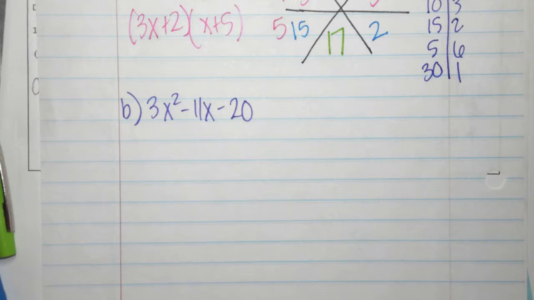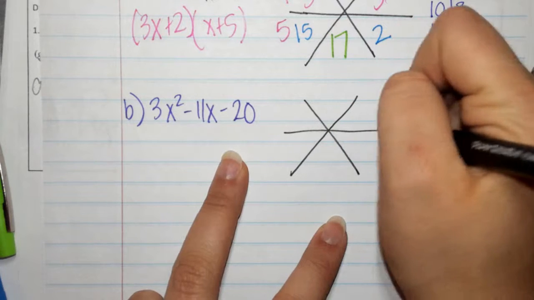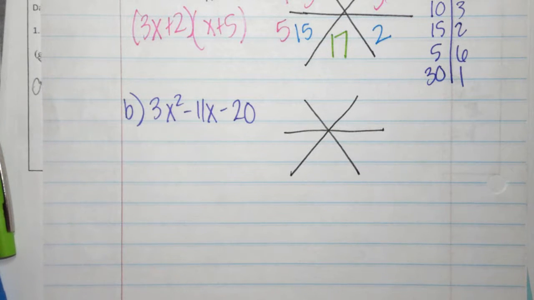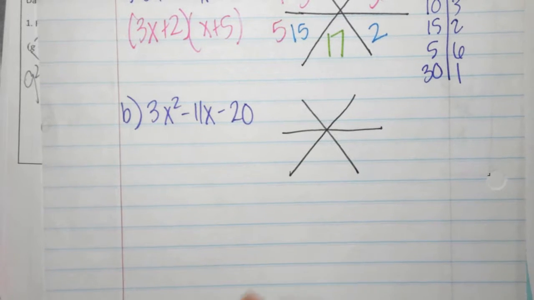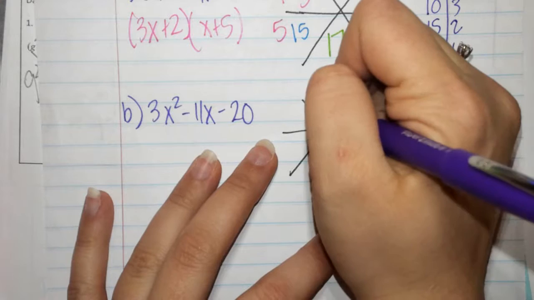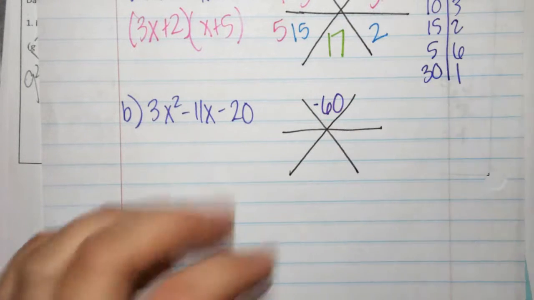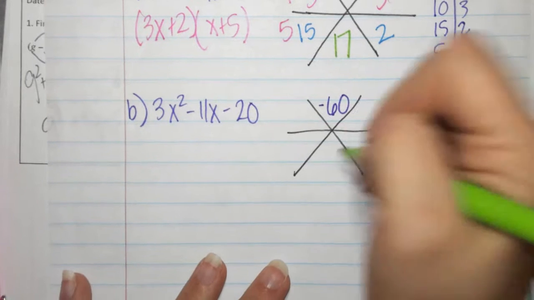The star method. Everybody draw your star. Okay. Now, what do we do first? And what's 3 times negative 20? Negative 60. Look at us go. What goes in the bottom of our star?